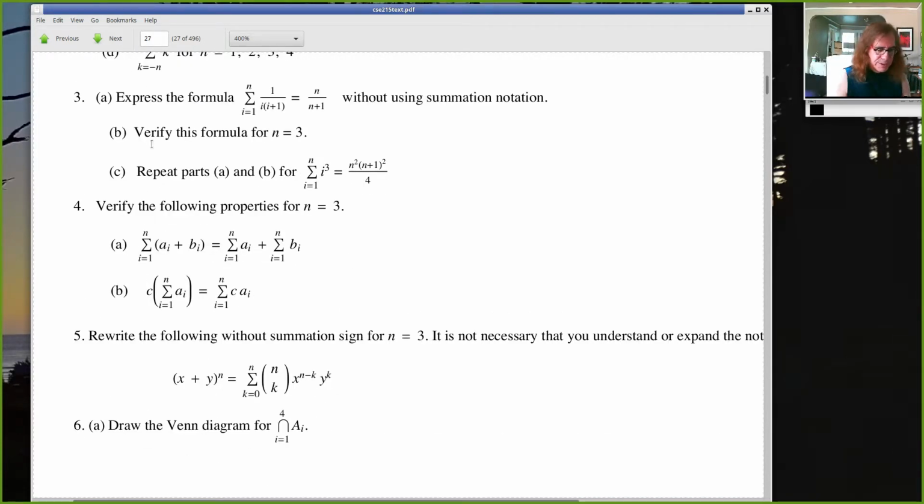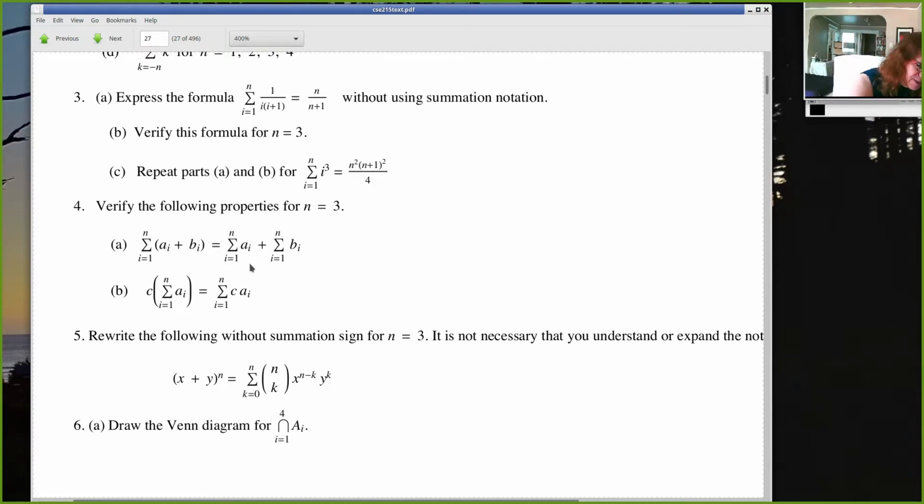Question 4, I did not grade, but it looked like people had some pretty good success with this. So this is asking you to verify for one particular value of n this summation rule, which generalizes, which is if you have two expressions or two terms added together and you take the sum from 1 to n, it's the same thing as taking the sum of those individual expressions and adding them together.